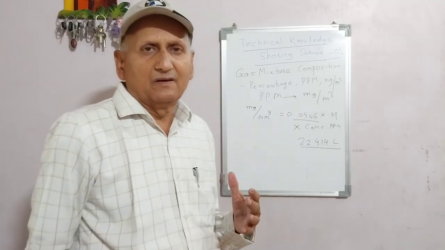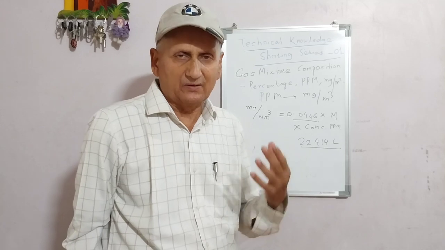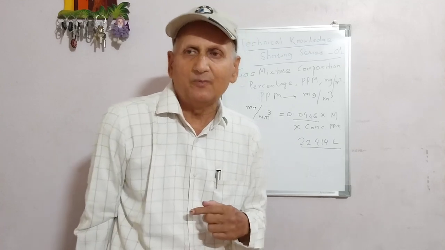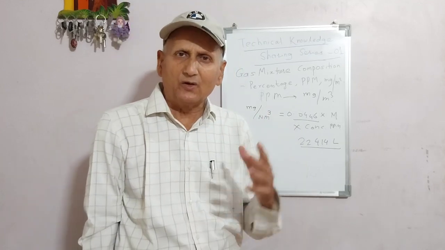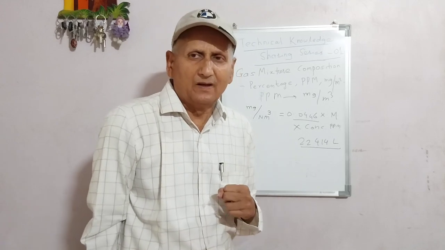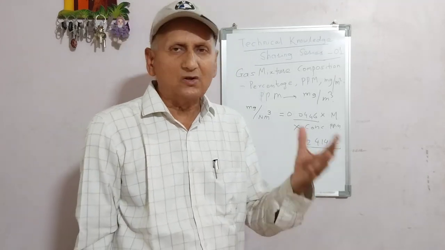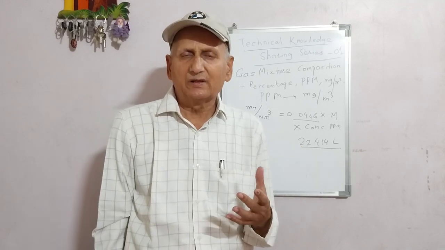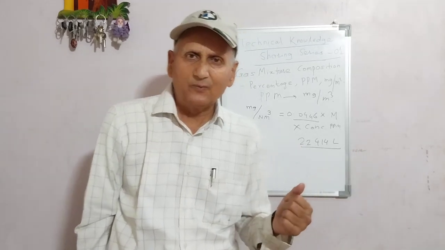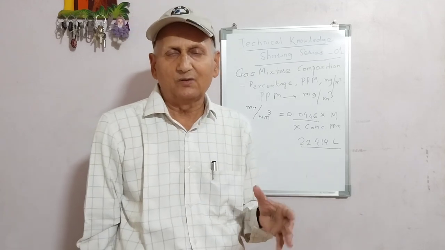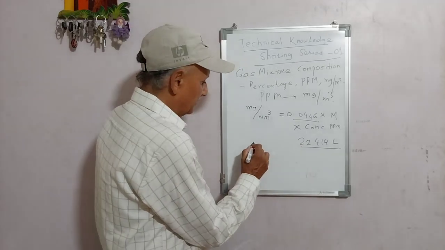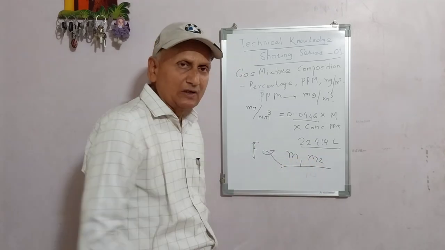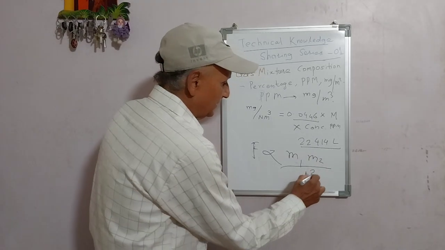It is very surprising, no? All the gases which are in this universe, 1 mole of that gas at 1.033 kg pressure and 0 degree centigrade occupies the same volume, that is 22.4 liters.